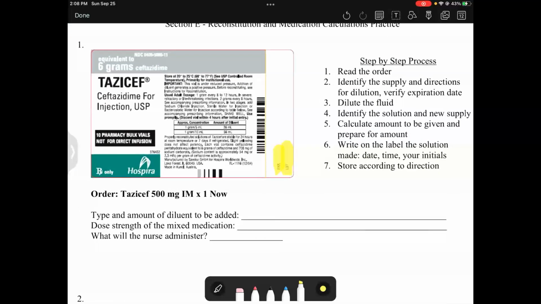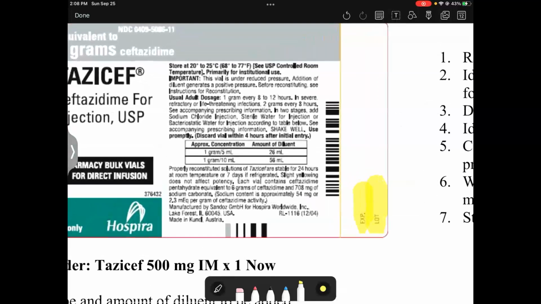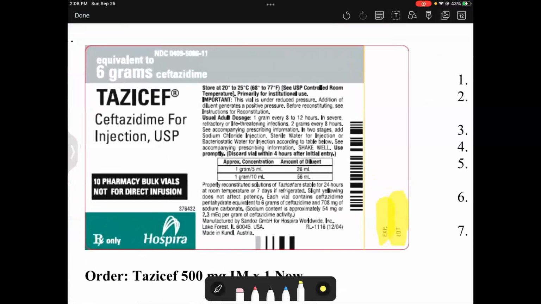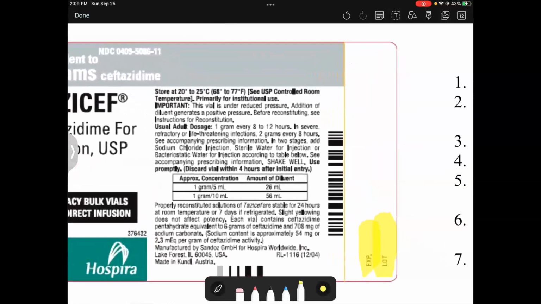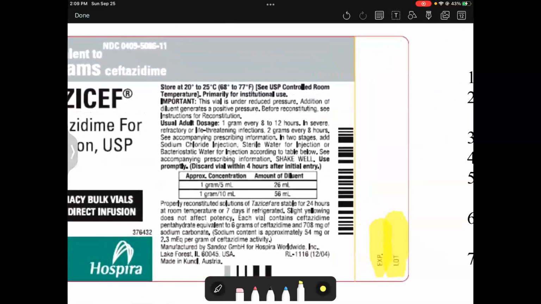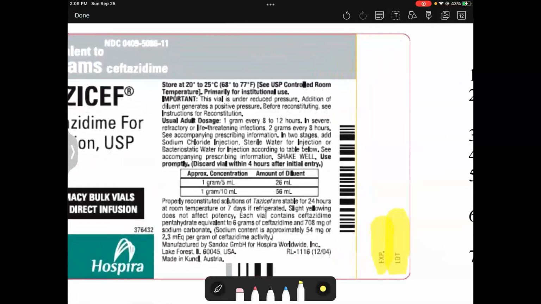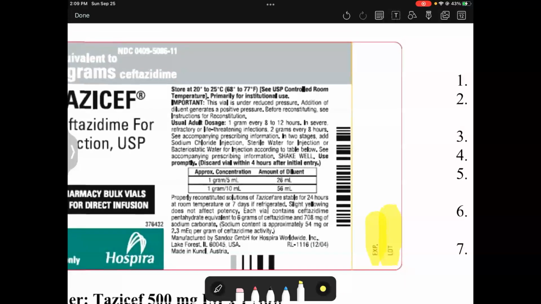And when it comes to the directions for dilution, we have to magnify a little bit, right? Usually they're written in such small letters, so we have to be very careful when we're reading the direction. The direction says here, usual adult dosage 1 gram every 8 to 12 hours, in severe refractory or life-threatening infections, 2 grams every 8 hours. See accompanying prescribing information. So in 2 stages, add sodium chloride injection.